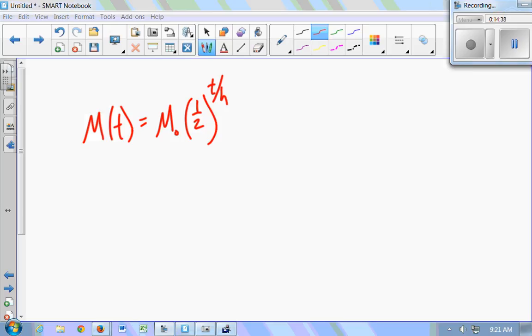So this is the formula for half-life for like a radioactive substance, or like a drug in your body gets eliminated using a half-life formula, so an exponential decay. So H is called the half-life, which is how long it takes for half of the material to decay, to go away.